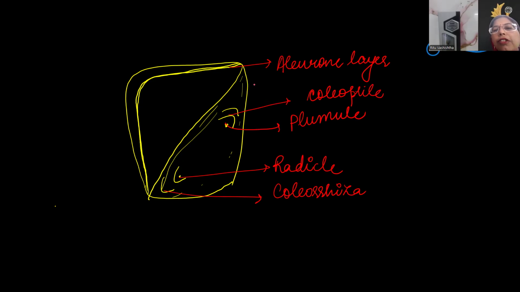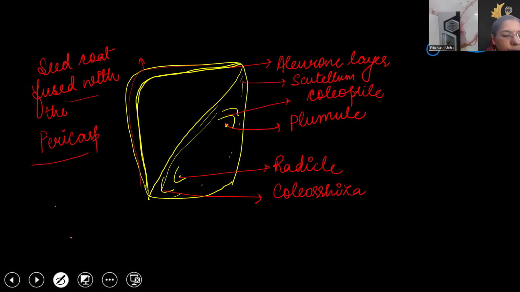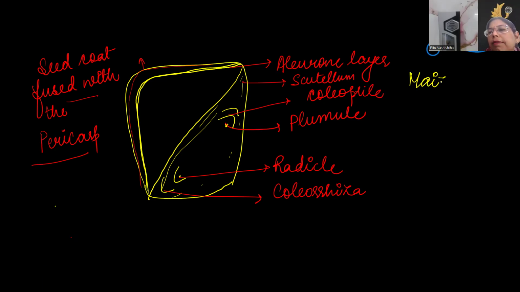This shield-like structure is the scutellum, and here the seed coat is fused with the pericarp, which is the fruit wall, and this whole is the structure of a maize seed. Botanical name for the maize is Zea mays.